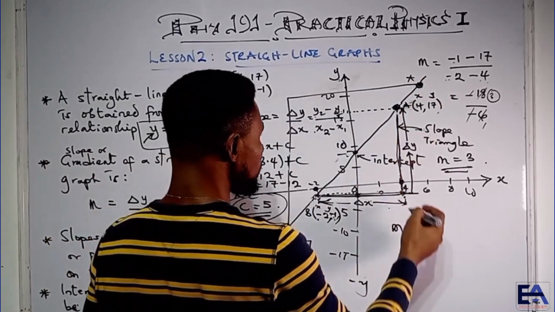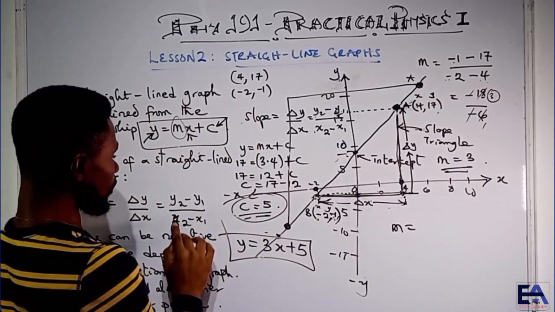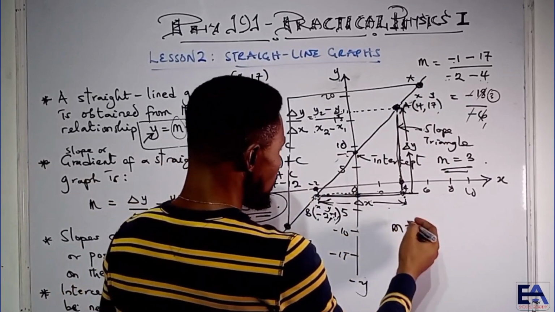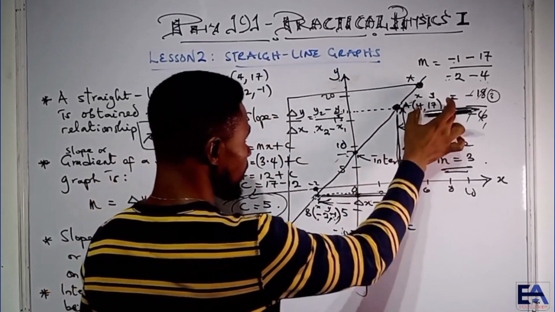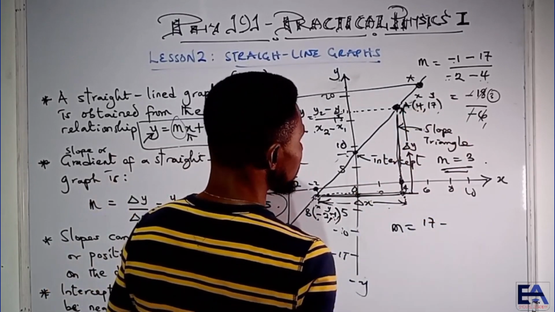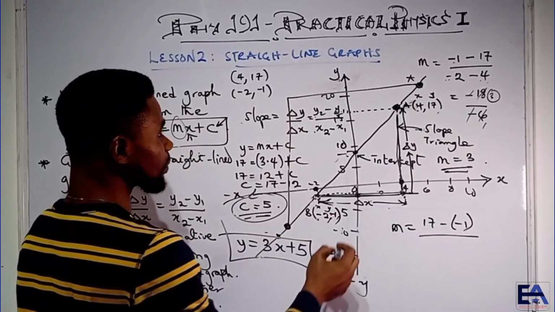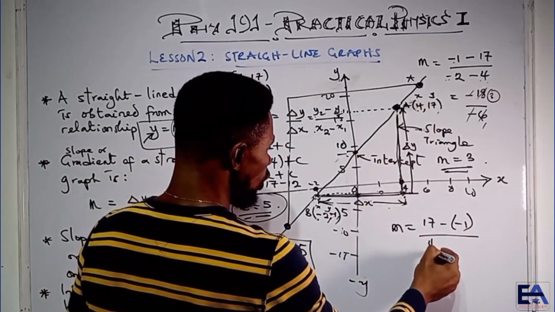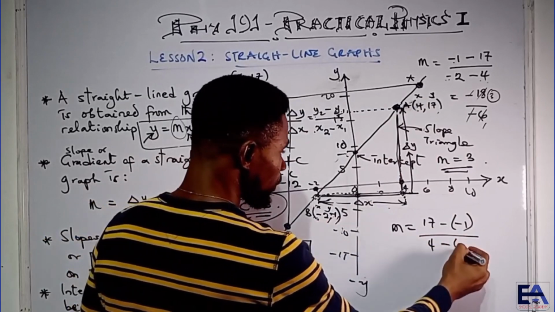The formula says y2 minus y1 divided by x2 minus x1. Let's say we picked our 2's from here and our 1's from here. So y2 will be 17, minus y1, which is minus 1, divided by x2, which is 4, minus x1, which is minus 2.